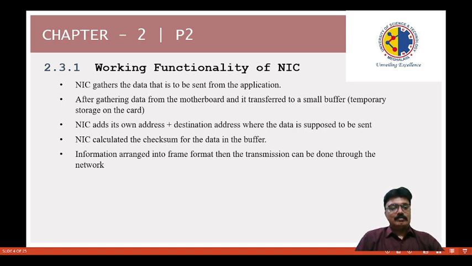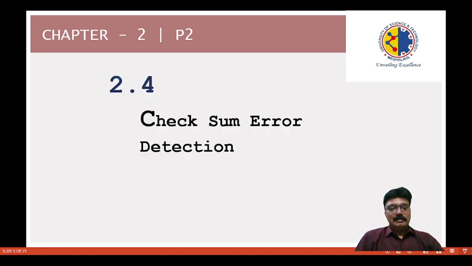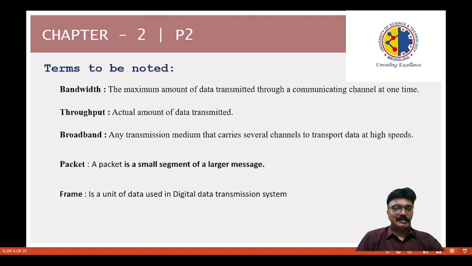So we'll see one by one. The checksum error detection method. Before seeing this error detection method, we need to know some of the technical words and their meaning.